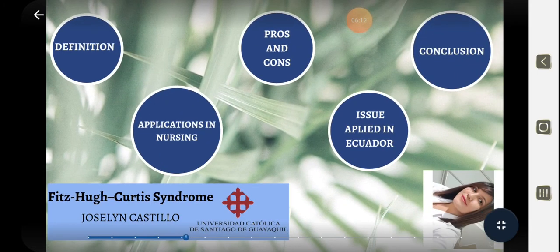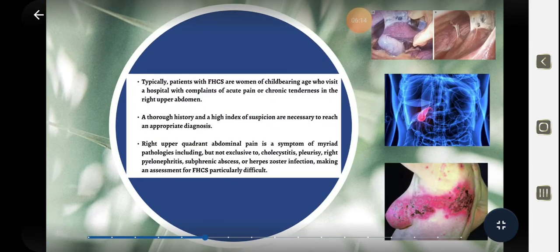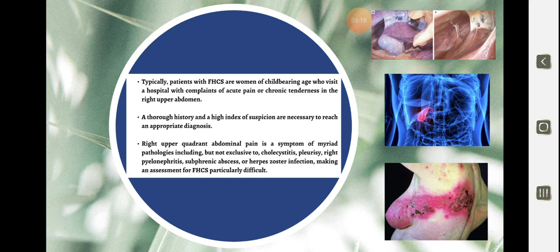Applications in nursing. Typical patients with FHCS are women of childbearing age who visit a hospital with complaints of acute pain or chronic tenderness in the right upper abdomen. A thorough history and high index of suspicion are necessary to reach an appropriate diagnosis.